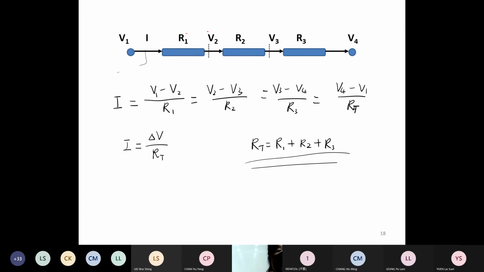This is resistors which are arranged in series. If we arrange it in parallel, V1, let's say V2. Here we have R1 and R2.